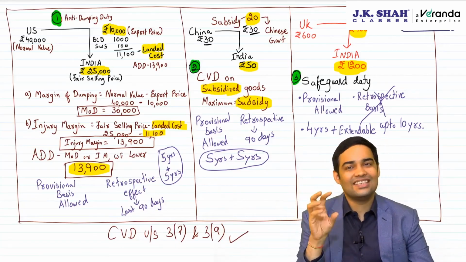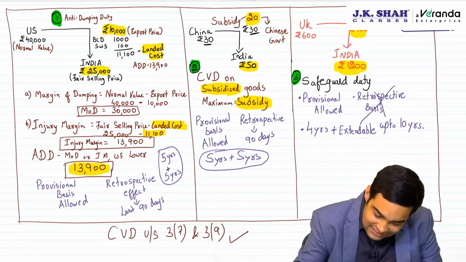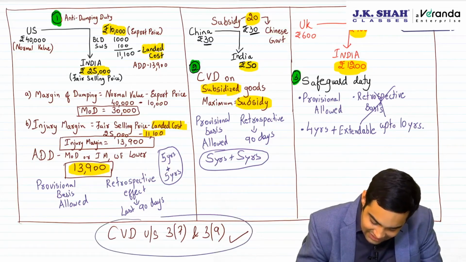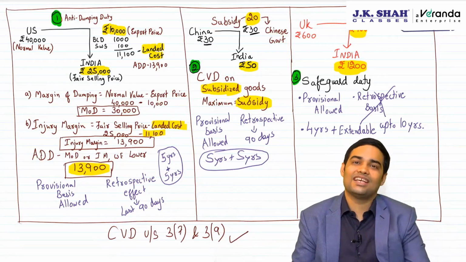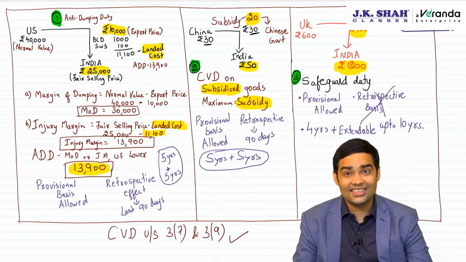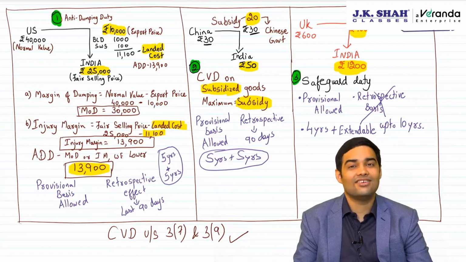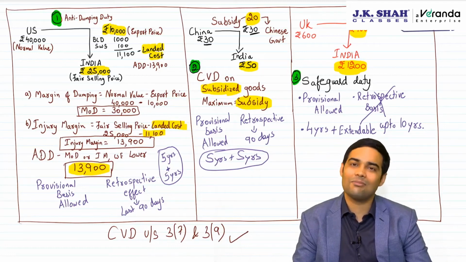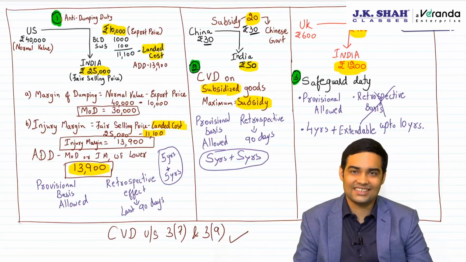Don't do that. Safeguard duty is applicable on the assessable value, but CVD under section 37 and 39, once you add everything, thereafter, you will apply CVD under section 37 and 39. Clear with this? Yes. So while you are comparing, remember CVD under section 37 and 39 are applicable for all the taxes other than GST and compensation cess.